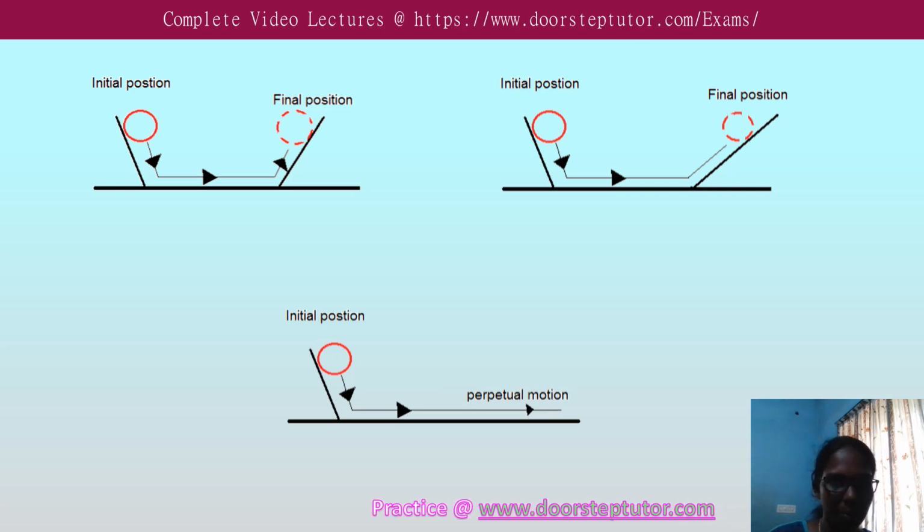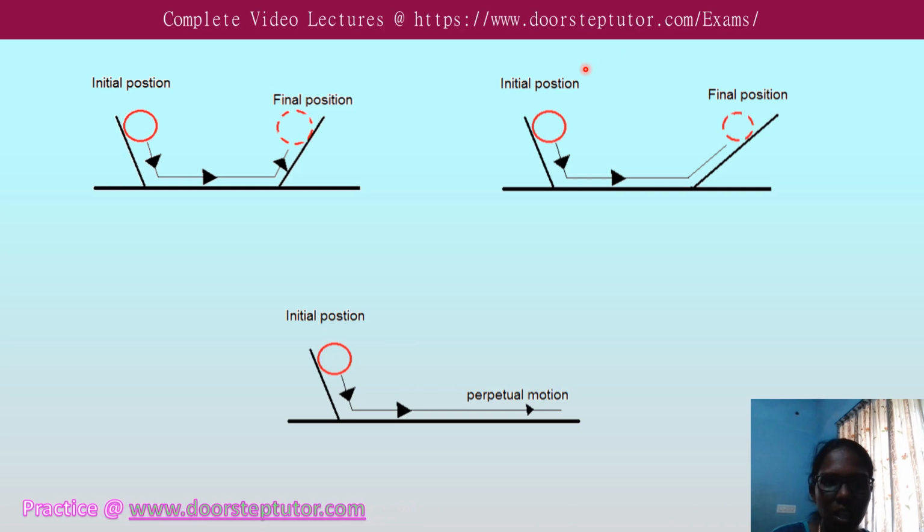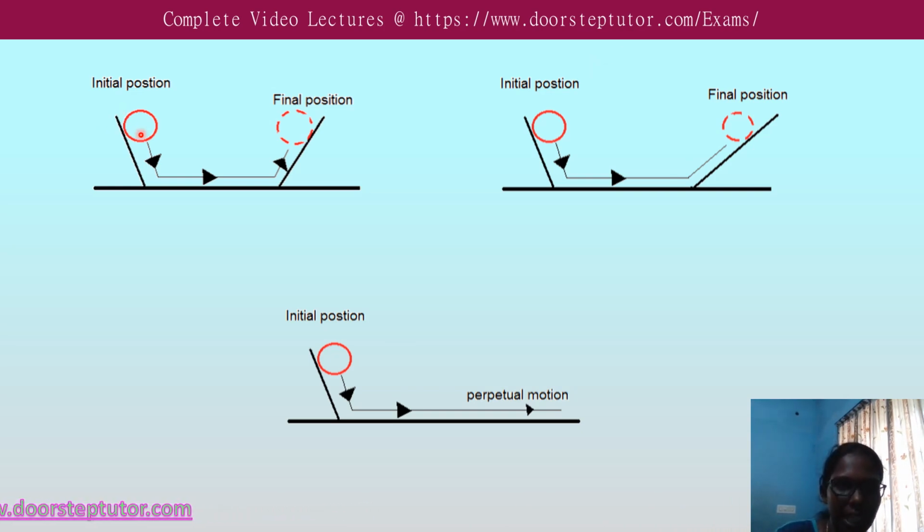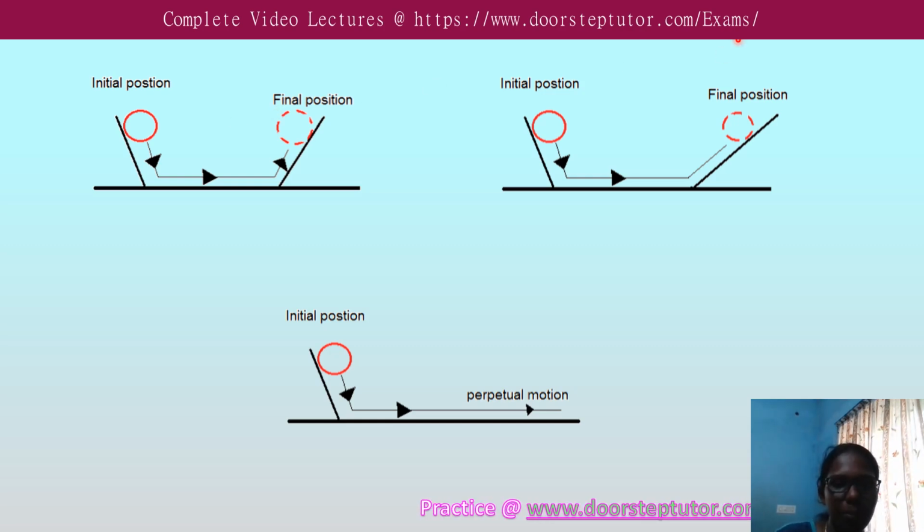There is another experiment by Galileo which also leads to the same conclusion. Here we have a double inclined plane. Here we have two inclined planes, and a ball is released from one of the planes, and it rolls down and climbs up the other. If the plane is smooth, the final height of the ball is nearly the same as the initial height.